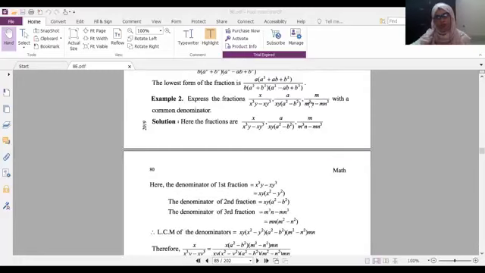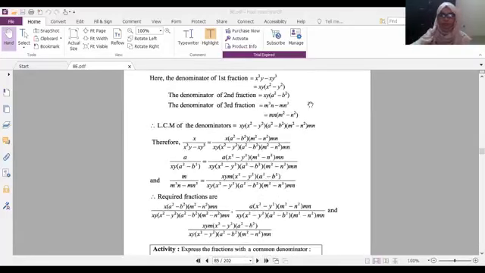Again, go through fraction number 2, a by xy into a square minus b square. Now, again we divide this LCM by this denominator. We get the quotient x square minus y square into m square minus n square into mn.